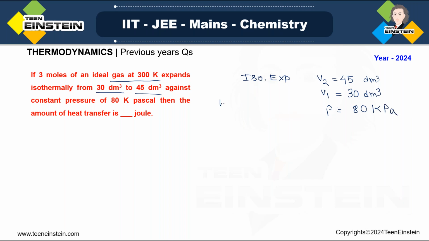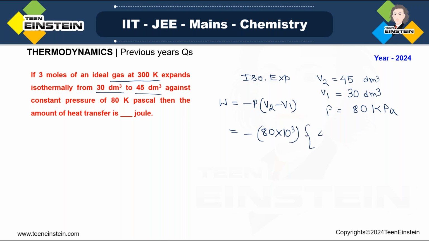Now under this condition, if we find the work W, that is PV work, and as it is expansion, there will be a negative sign: W = -P(V2 minus V1), so it will be 80 kilopascal. We will convert it to Pascal, so we will multiply with 10^3, negative sign.